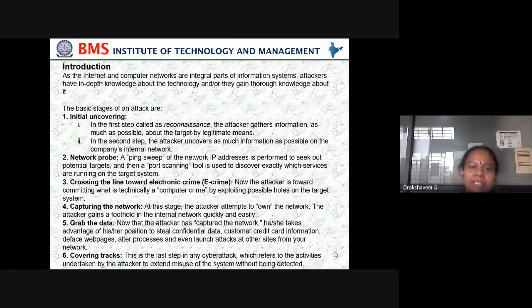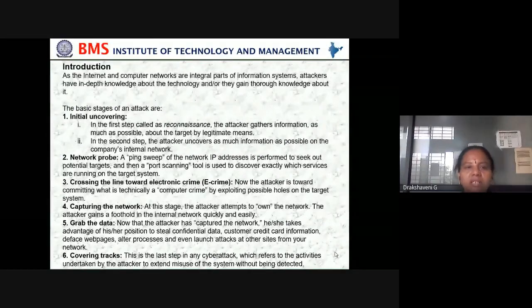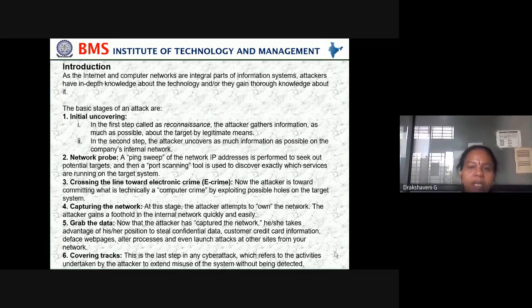All these details they'll be taking. That is, gather information as much as possible about the target by legitimate means.